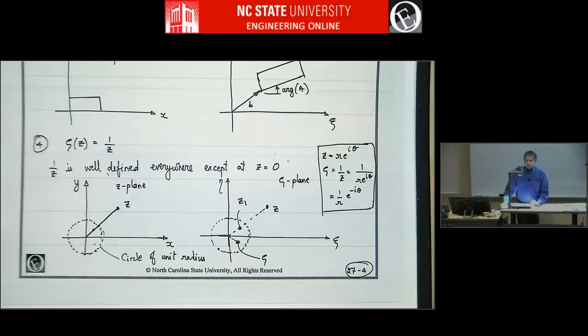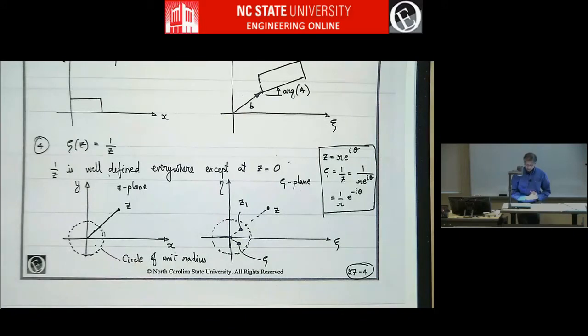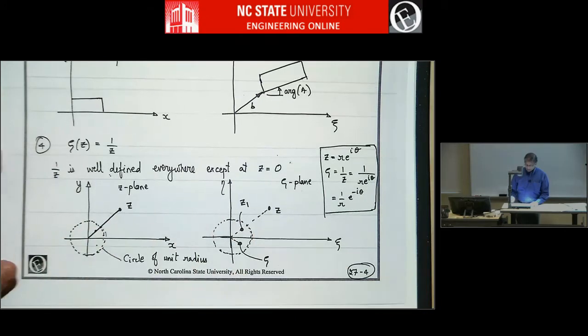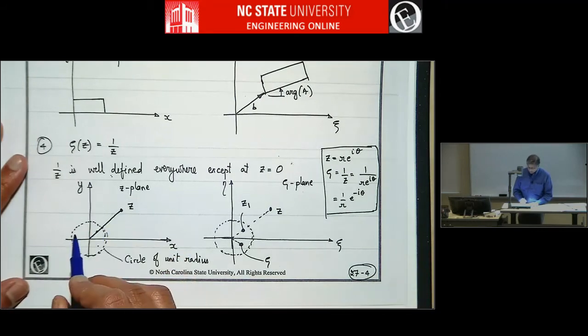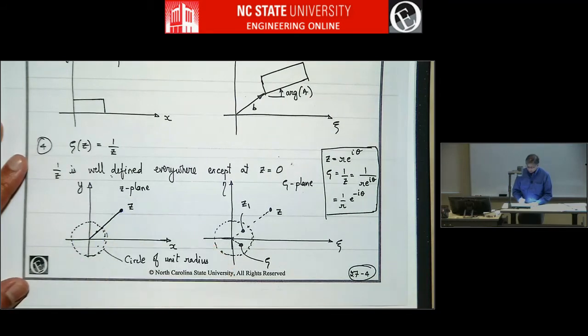And then there is this transformation, zeta equals 1 over z. The problem with this is that at z equals 0 there is a singularity, but everywhere else it's well defined. So 1 over z is well defined everywhere except at the origin. The way this works is, let's say in the z plane you have a point here.